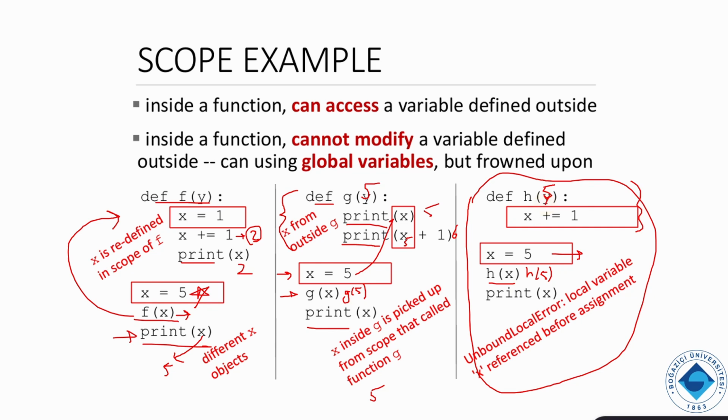So I cannot put the 5 value inside of it. But once we go inside of the function, we will be able to see x equals x plus 1. But what is x? There is no explanation about x inside of the function, so it will give an error, right?